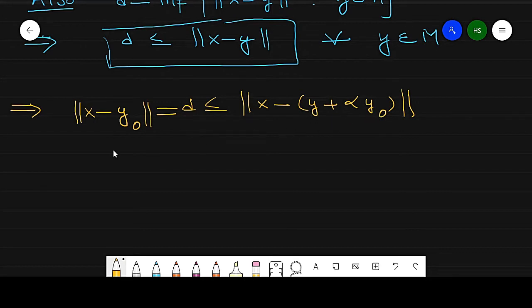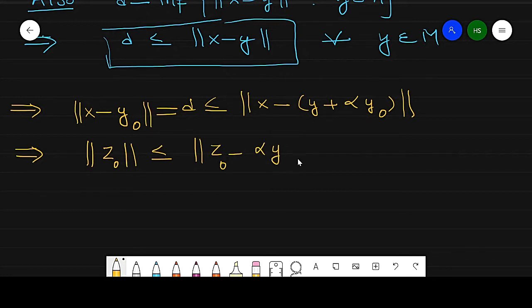If I write in terms of z, basically the norm of z naught is less than or equal to the norm of z naught minus alpha y.